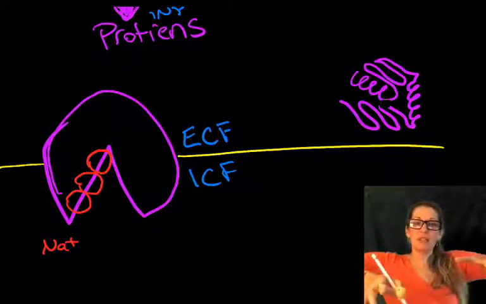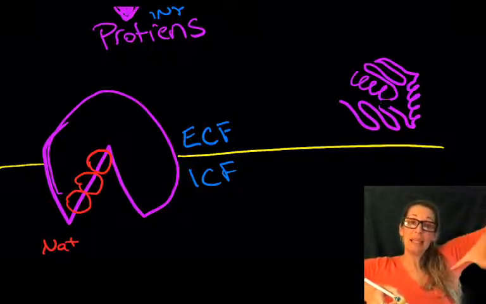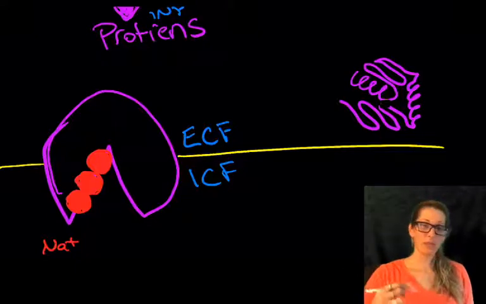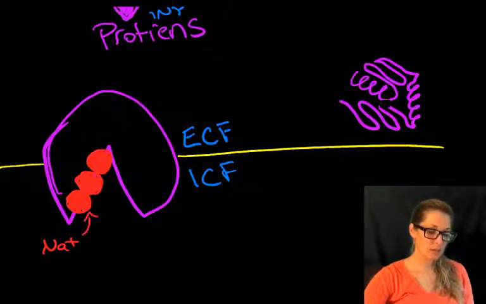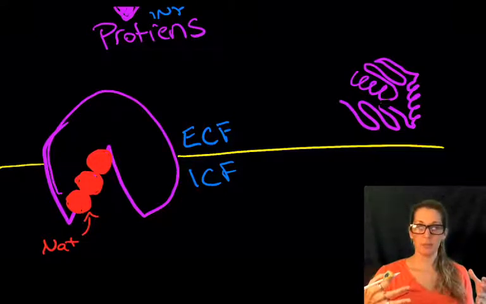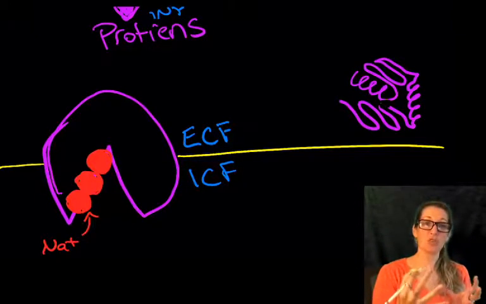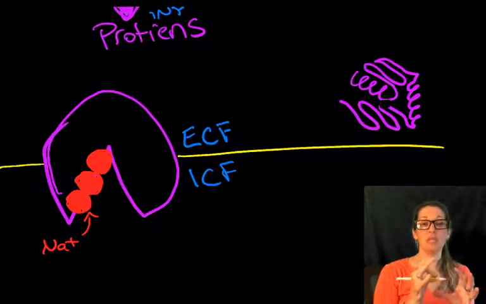So what happens is that 3 sodium ions come and bind to the sodium-potassium pump. Cool, right? When these 3 sodiums bind, it causes a conformational change. It causes this protein to change shape.